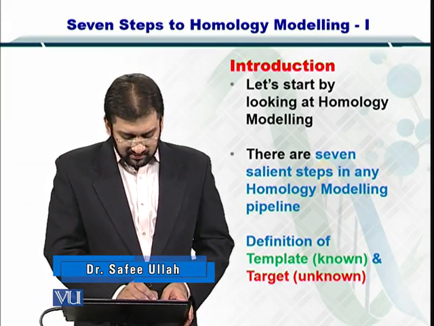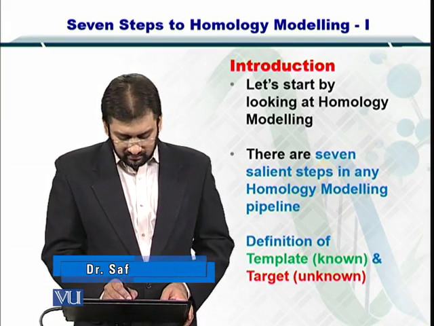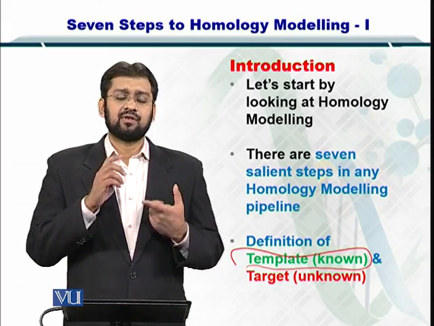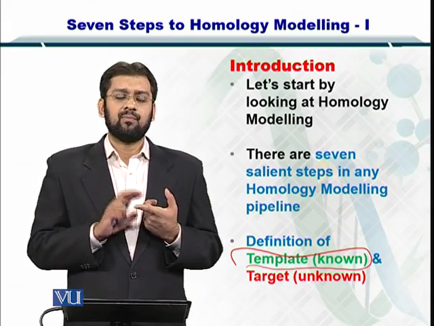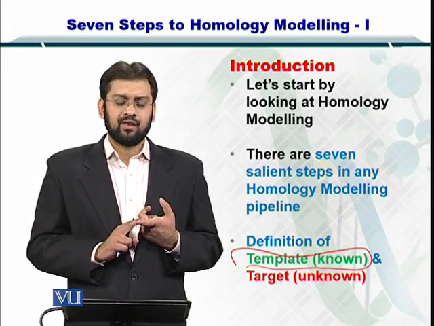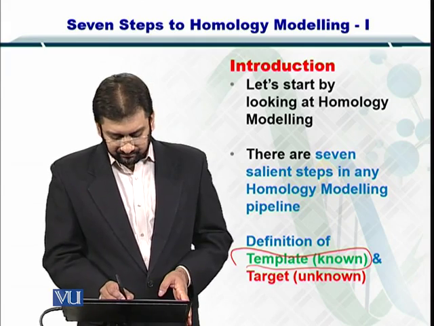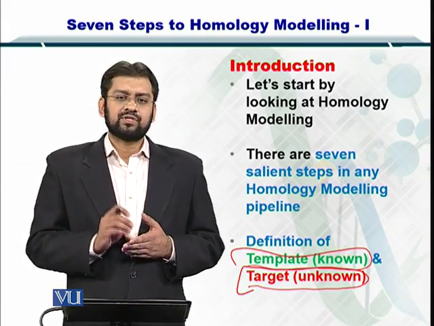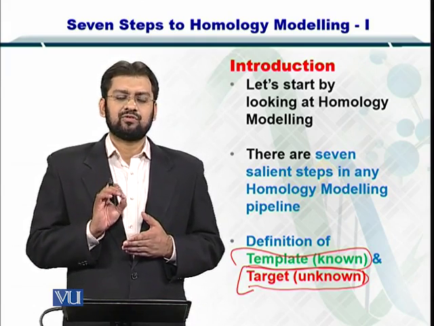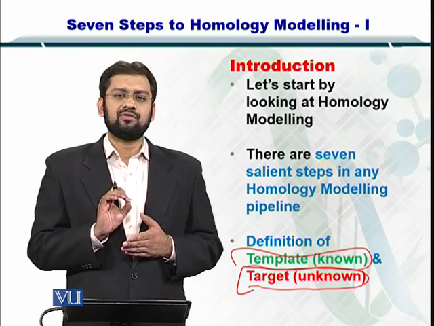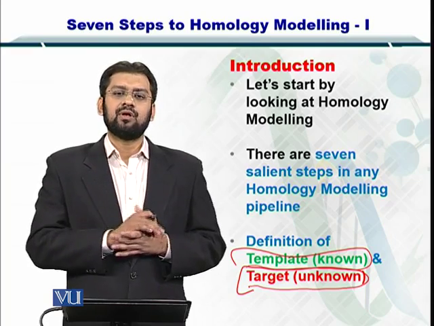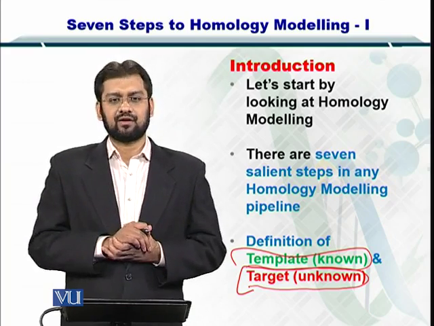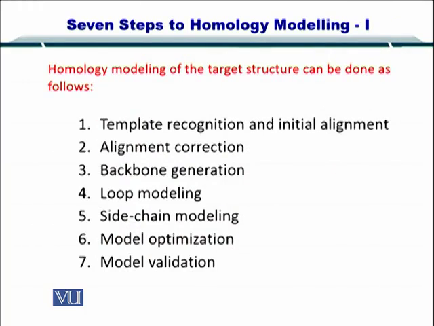The template is your protein which has the sequence and the structure both known, while your target is the protein which has got only the sequence known and the structure is unknown, and therefore we want to predict its structure. So template versus target. Now let's move to the 7 steps.